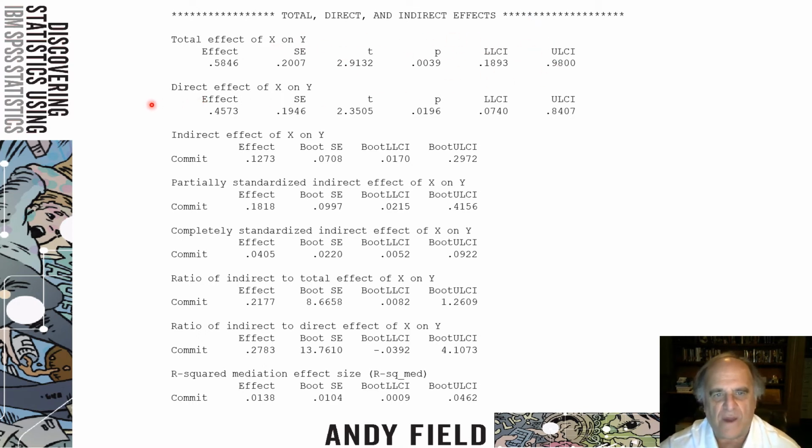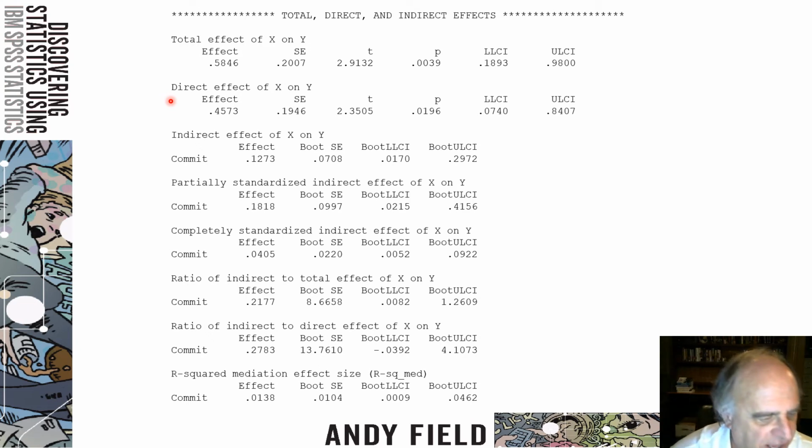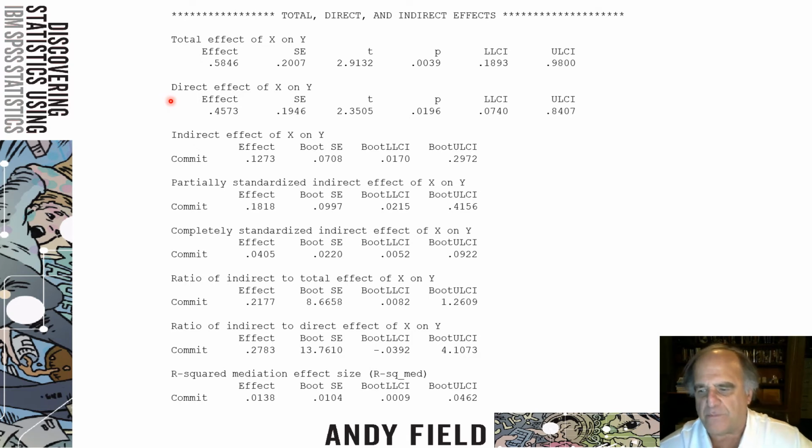Then you have the direct effect of x on y. The direct effect is the effect once you take out the mediator. So the direct effect is C prime, and this is found in output 11.5.